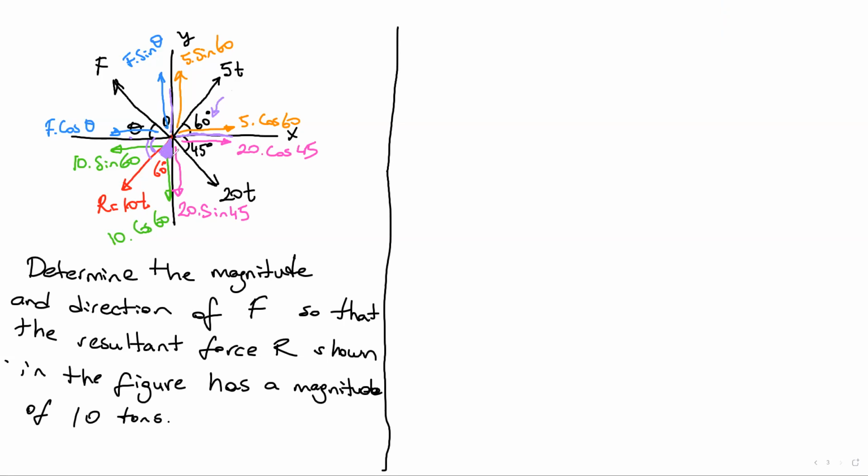The neighbor edge is cosine, and the opposite side is sine. That's why we are using this. The rule is the same. Just watch out for the angles.